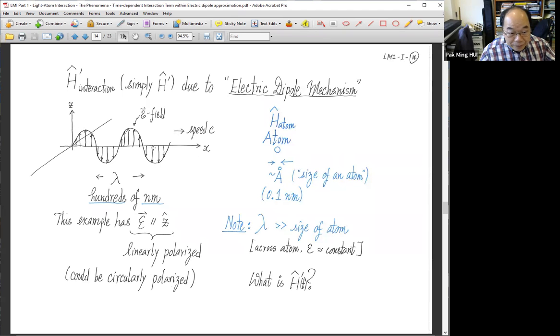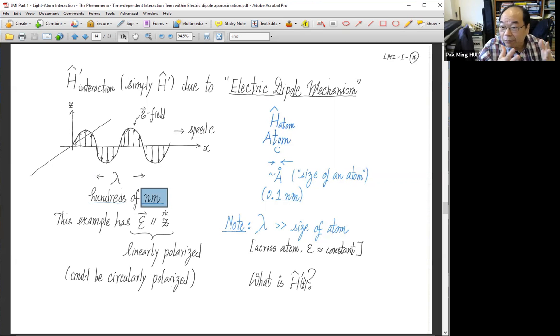So an important characteristic here is the wavelength. We know that light absorption, let's say sodium, yellow, right? So yellow, visible, once upon a time in high school, you know that it is 400 to 700 nanometer, right?